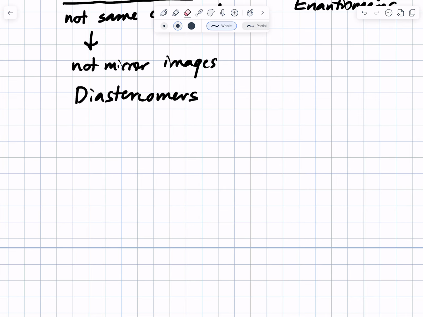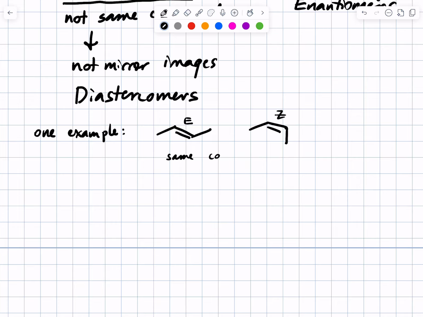There will be lots of examples of this, but one example that you are already familiar with is the concept of E and Z stereoisomers about double bonds. These have the same connectivity, but you can see they're not the reflection of each other.